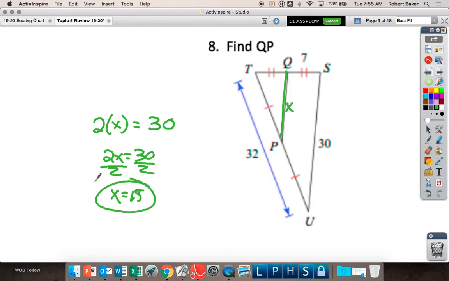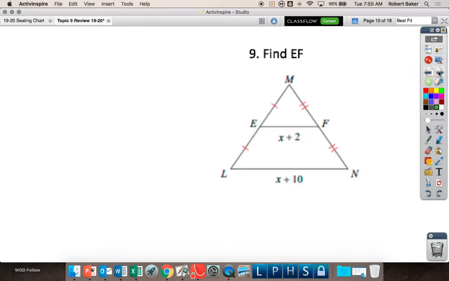X equals 15. And QP equals 15. Now this is where this little formula really pays dividends. We have no idea how big the mid-segment is, and we have no idea how big the third side is. But remember, 2 times the mid-segment is equal to the long side.